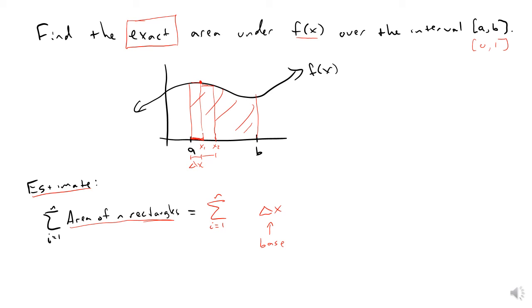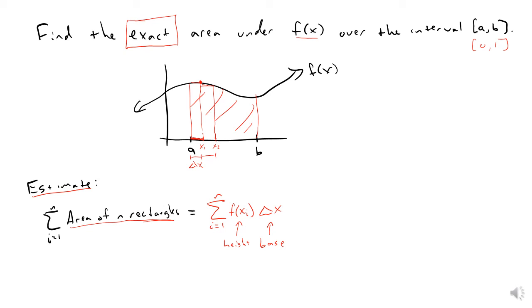So the height of each rectangle is f of x sub i: f of x1, f of x2, f of x3 give you the heights of the first, second and third rectangles. All right, so we've got the height of each rectangle and the base for each rectangle, and then we're adding up the areas of those rectangles, base times height. That gives me an estimate to the area.